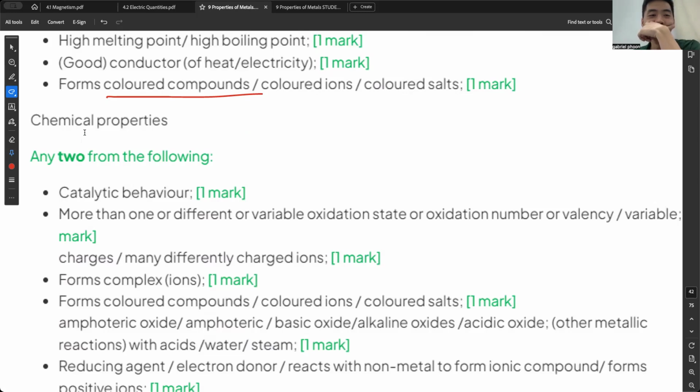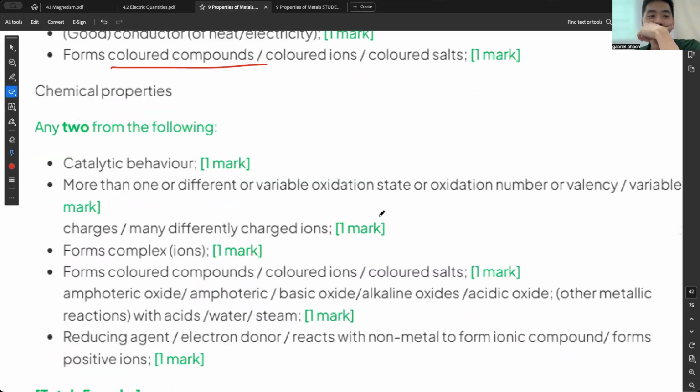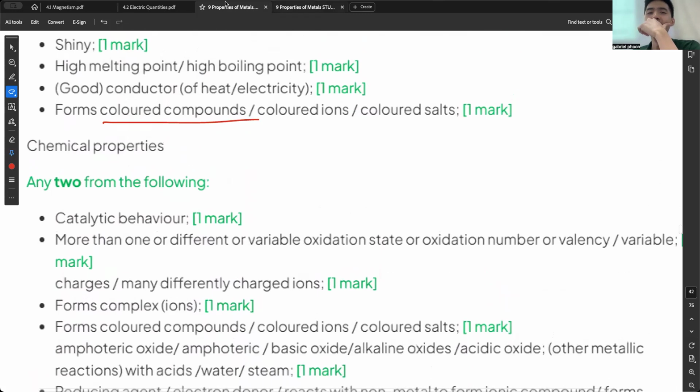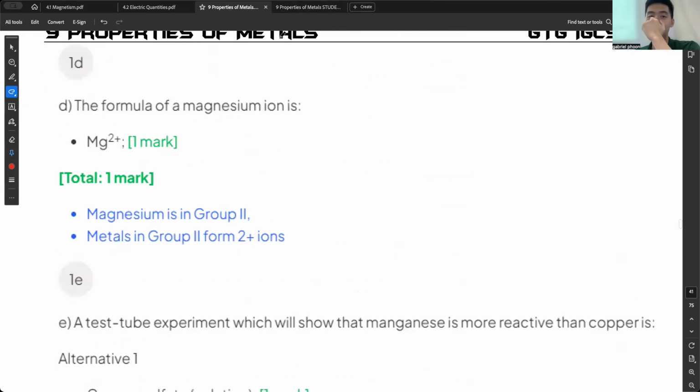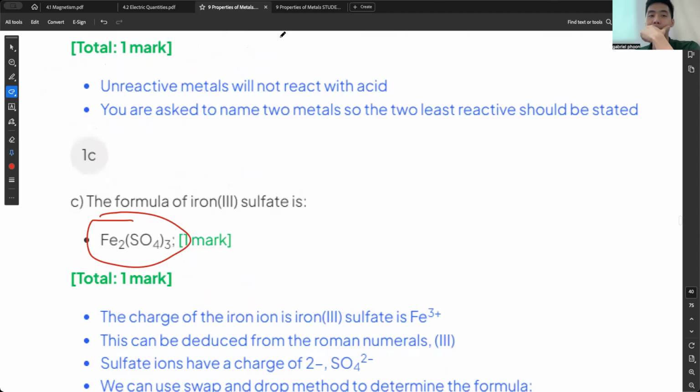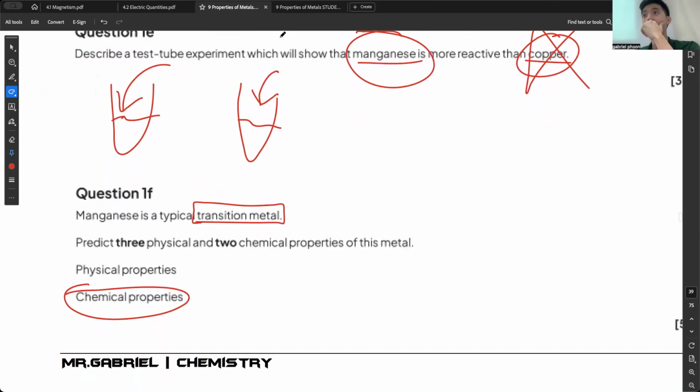It's considered a physical property. Why is this here though? I don't understand. Whatever. Don't write it in a real exam. It's a physical property.